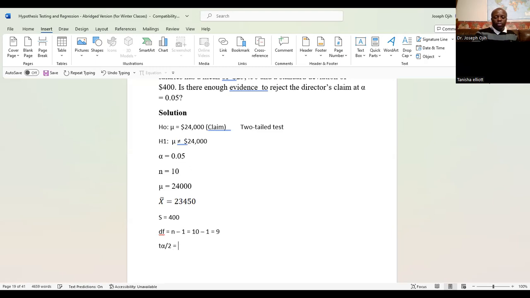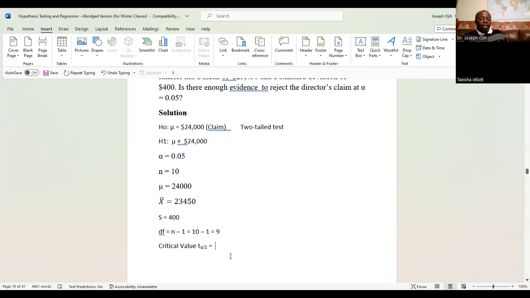That is the critical value. So we're going to look under 9 degrees of freedom at alpha 0.05.